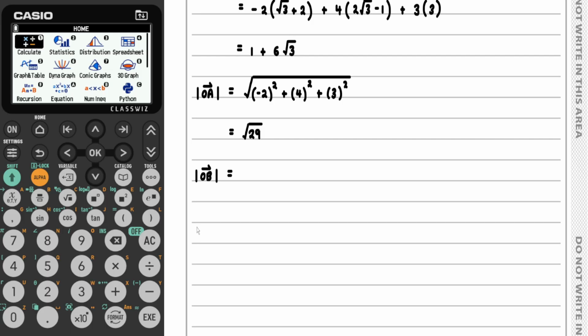The magnitude of OB is equal to the square root of root 3 plus 2 squared, plus 2 root 3 subtract 1 squared, plus 3 squared. Let's work this out.